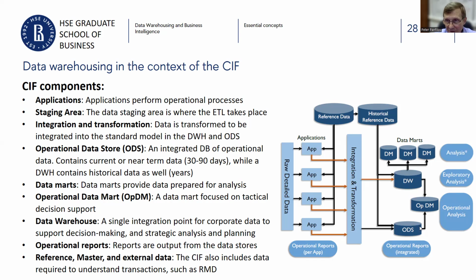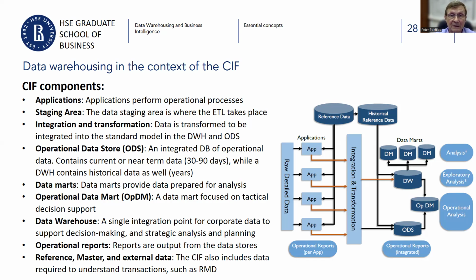Then an important component here is the ODS, operational data store. Essentially this is also a database, similar to a data warehouse, something like a relational database. But important is that here we have what we call operational data. It means short-living data, I would say, operational data collected from the real processes.